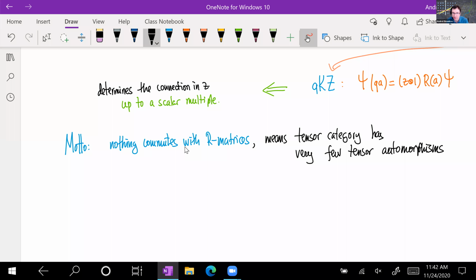And so that says that if I give you a difference connection that commutes with our R matrices, it is determined up to scalar multiple, and that scalar multiple is actually kind of interesting. So if somebody wants a research problem in the area, this is interesting.